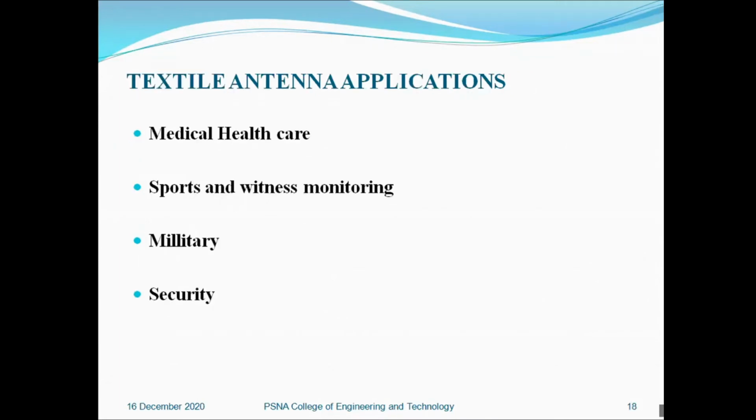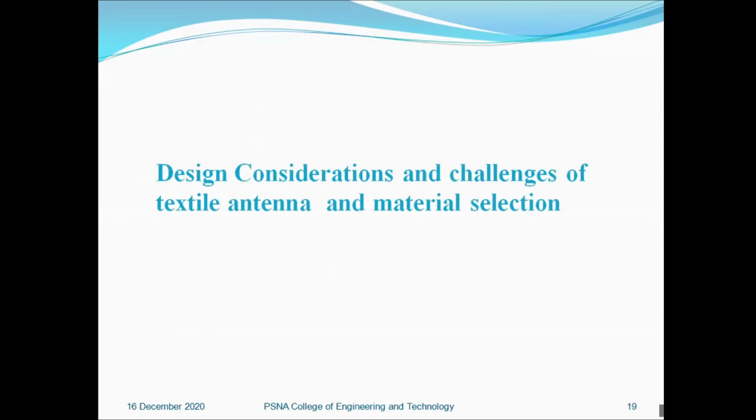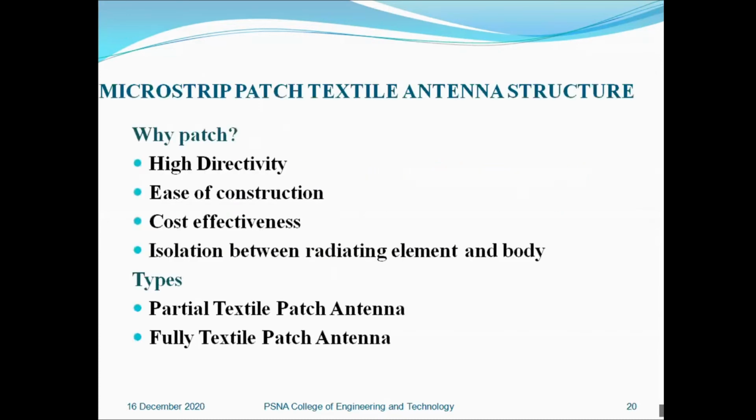Generally these textile antennas are suitable for medical healthcare, sports and fitness monitoring, military, and also security. The title of our session is only for biomedical applications, so we can see how these antennas would be used for medical healthcare, how to fabricate them, and what the challenges are when we design textile antennas and select materials.